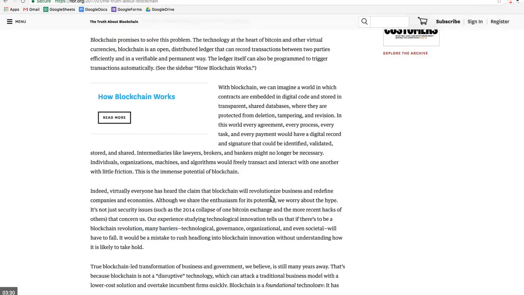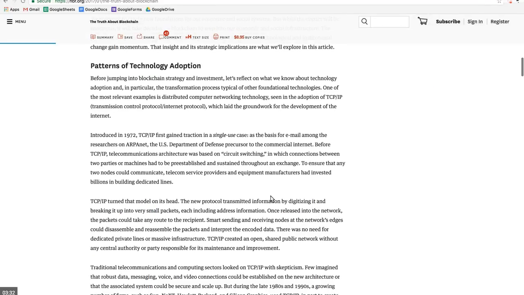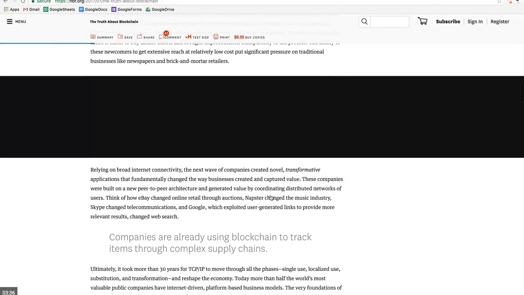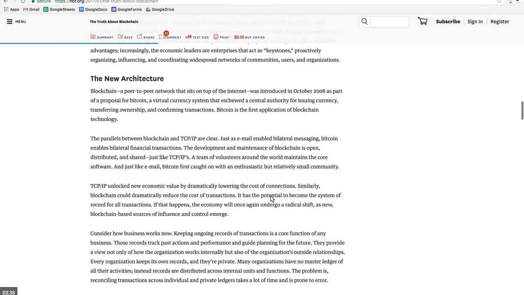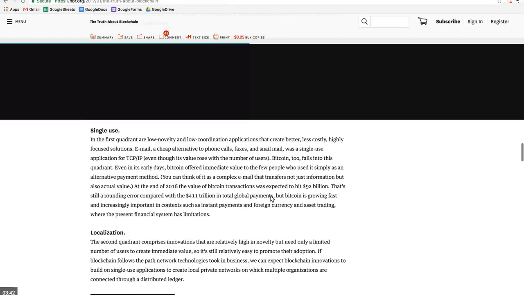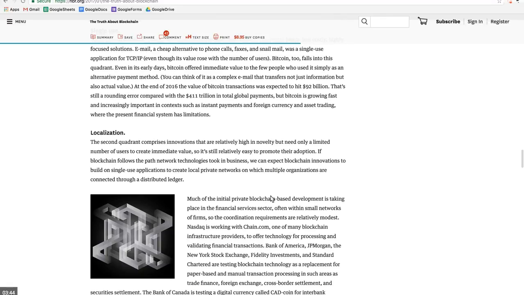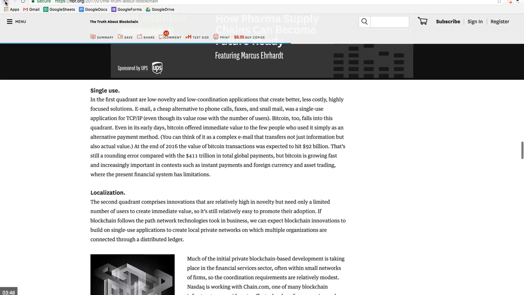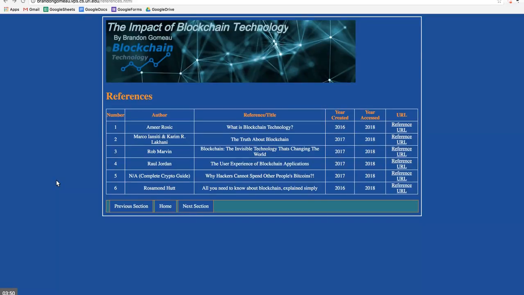And this is a very, very detailed article about how blockchain is implemented, how it's used, the new architecture, the framework for blockchain, the framework for adoption, and many more different things. It was one of my favorite references because it was so detailed, and it comes from Harvard Business Review.